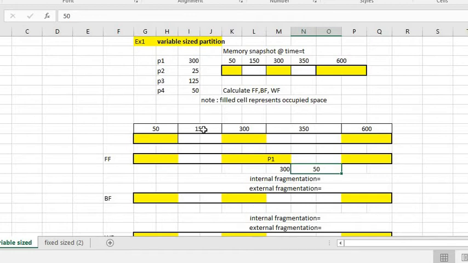So now let us go for the second process P2, which is of size 25. Now let us look into the first available hole which is possible to fit this. Obviously the first available hole is 150.